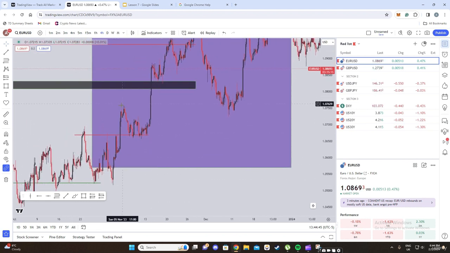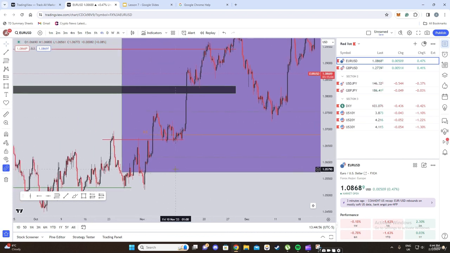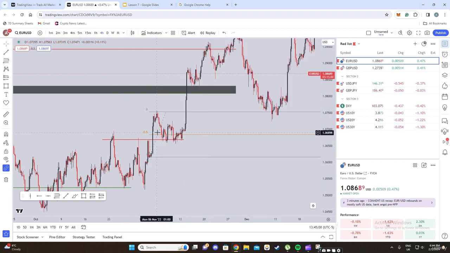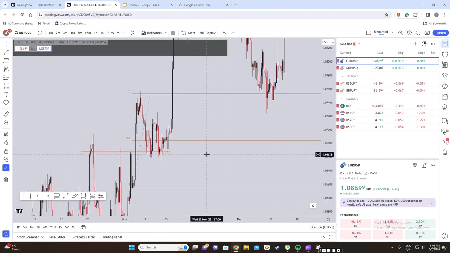So once you've seen price make a swing high, you would draw the swing from the low to the high. And let me just clear this so it's easier to read. So you'd see price trade back down to below the 50% and the bodies of the candle exactly on this breaker block level.